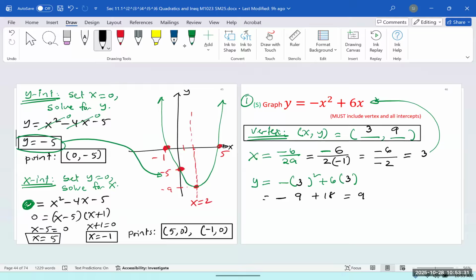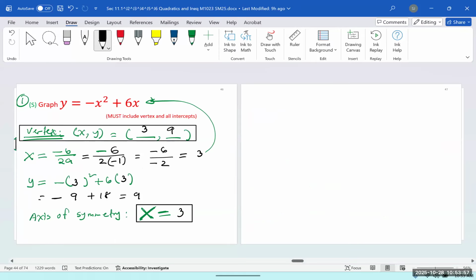And since we found the vertex, that means we have the axis of symmetry. It should be x equals 3. Not only 3. If you write only 3, 1 point. If you write x equals 3, 2 points.